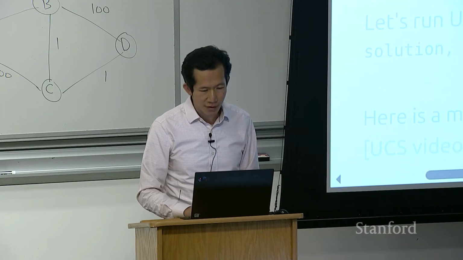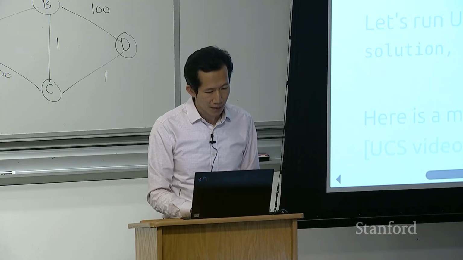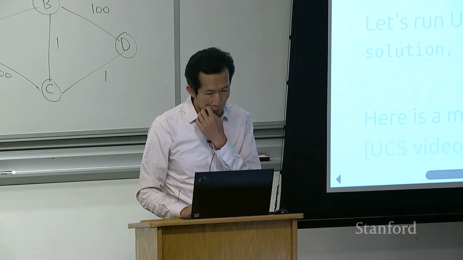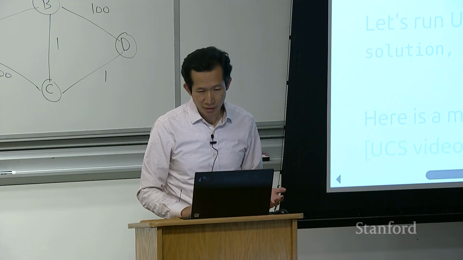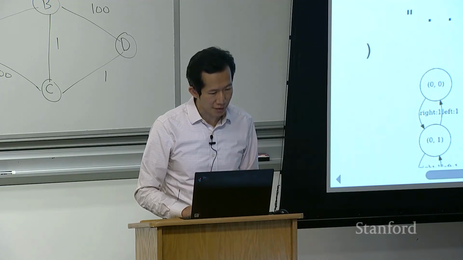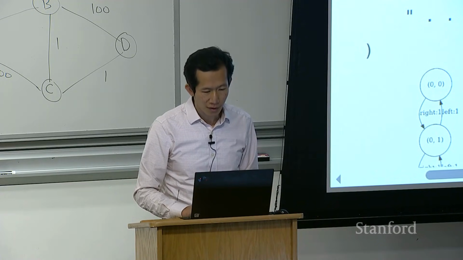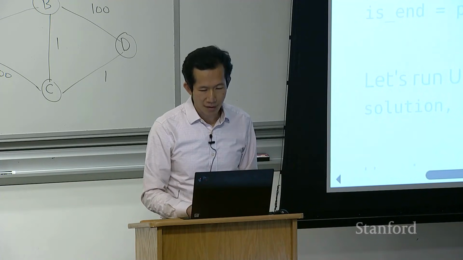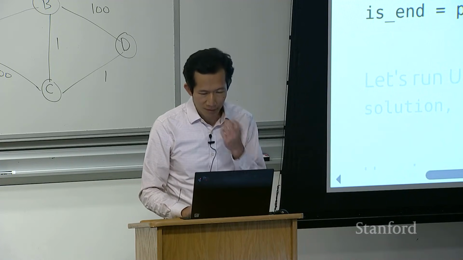The start state is 0, 0. Successors from 0, 0 are just going to the right, which has a cost of 1. You can see the reason is that I can't go down because that's blocked off. And I'm not at the end either.